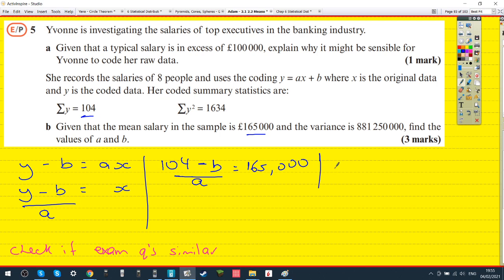Can we get a similar one for standard deviation or for variance? Would you put that big number as 104 minus b over a?